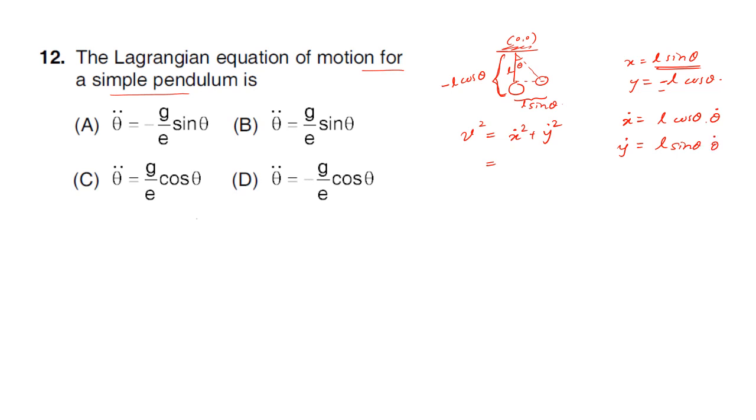Therefore, v square is x dot square plus y dot square, that is L square cos square theta theta dot square plus L square sin square theta into theta dot square. L square theta dot square is common, and cos square theta plus sin square theta is equal to 1. Therefore, v square is L square theta dot square. Then kinetic energy is half m v square, which is m by 2 L square theta dot square.